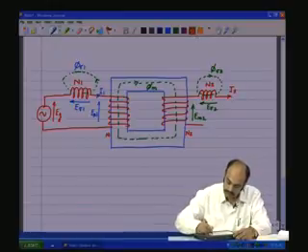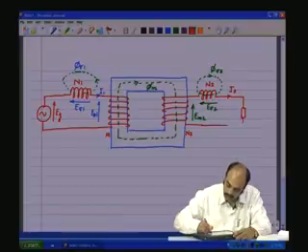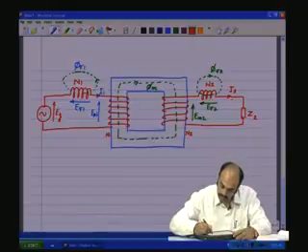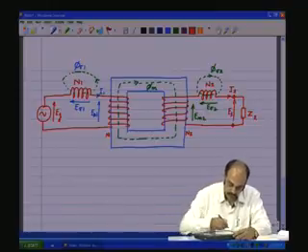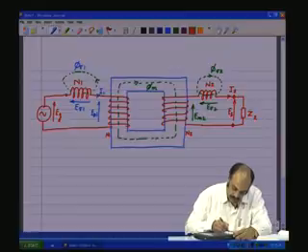And on completing the circuit, here we have the load Z2, and this would be the terminals of your transformer. This is going to be E2 and this is of course E1.